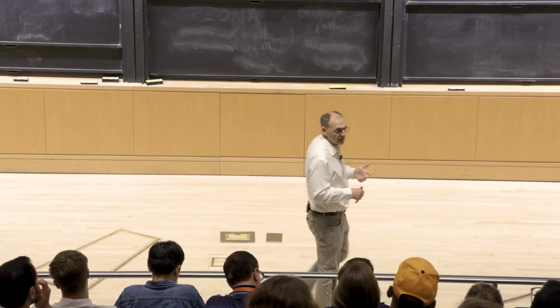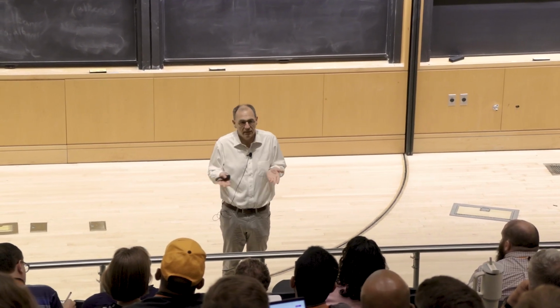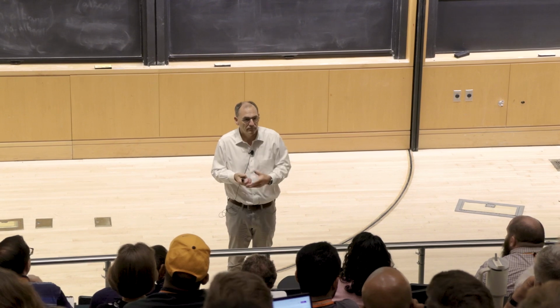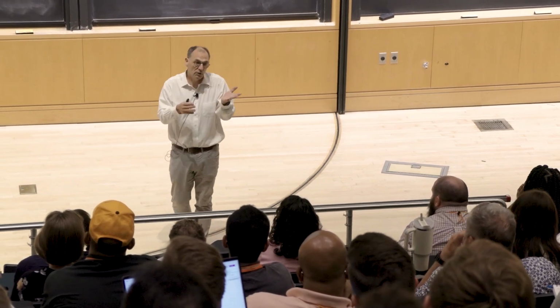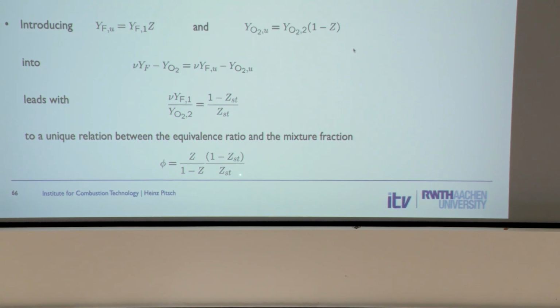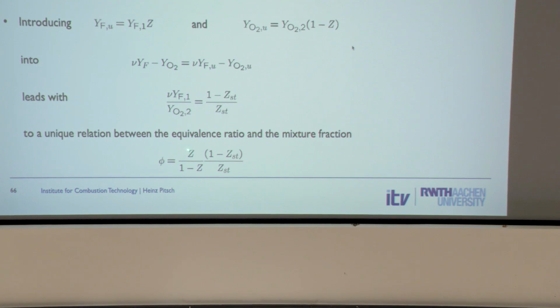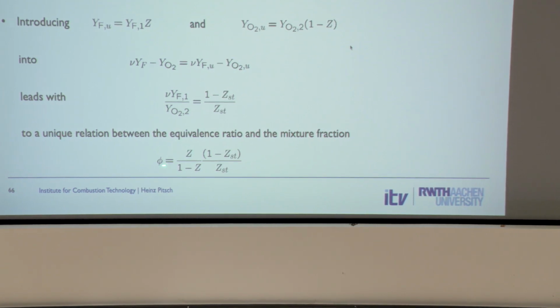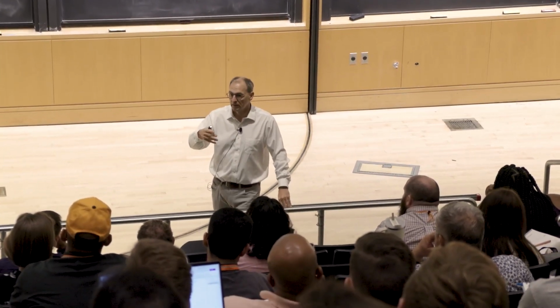So this just shows it's exactly the same as equivalence ratio. So the question then is, I said we use this for non-premixed flames. Why do we need to introduce yet another quantity? Yeah, they burn at stoichiometric, but you could also say that. If I say Z is equal to Z stoichiometric, then all of this is 1. So I could also say they burn at an equivalence ratio of 1, okay?